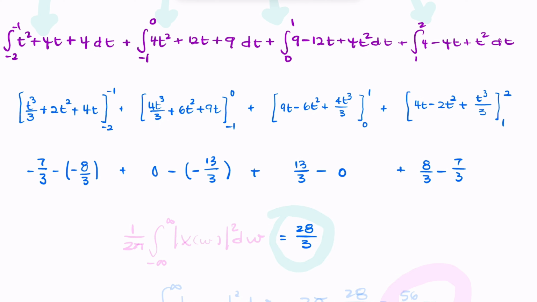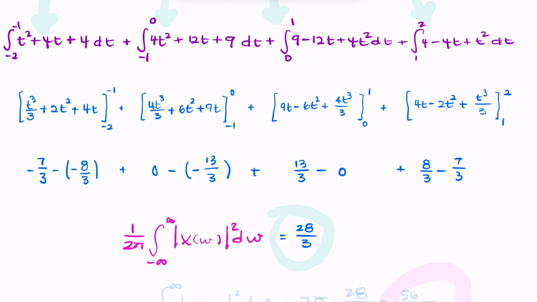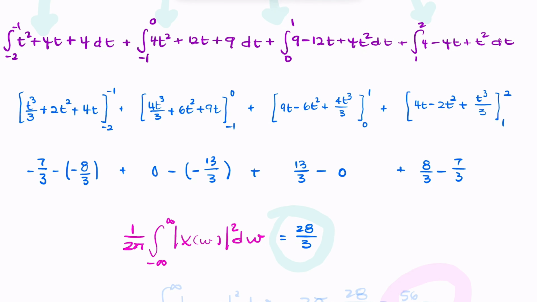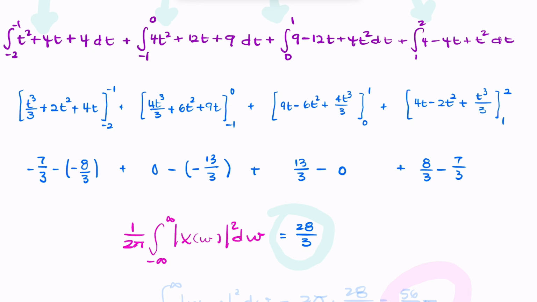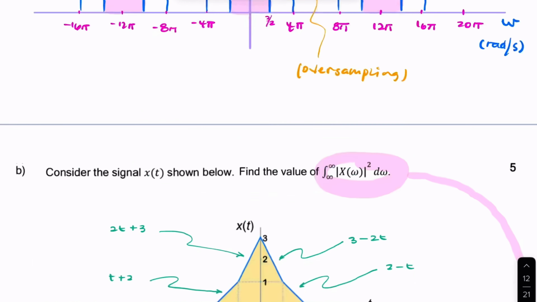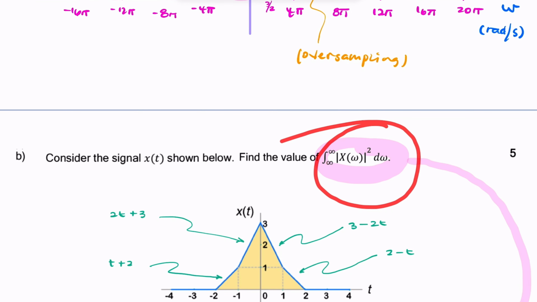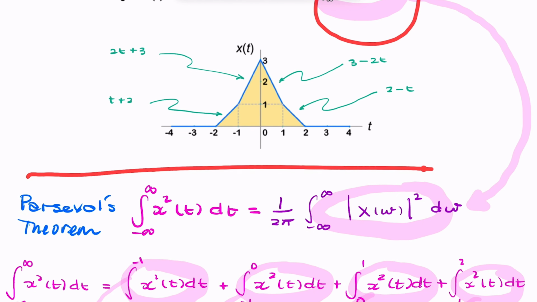Now remember, that was 1 over 2 pi times the integral of x of omega squared. Okay, so that's what we found here. But what the question is actually asking for is the integral of x of omega squared.